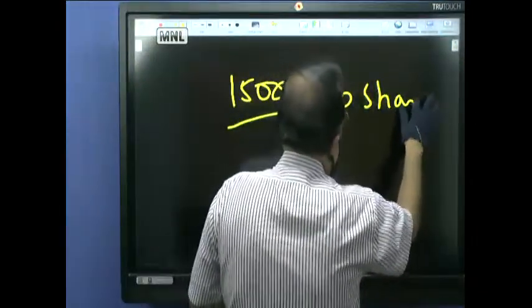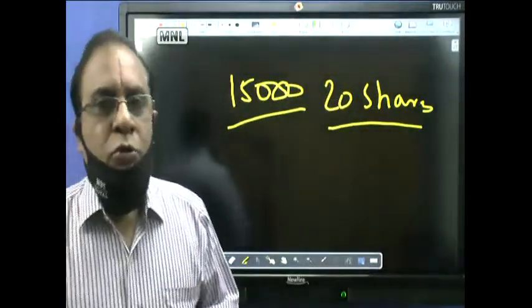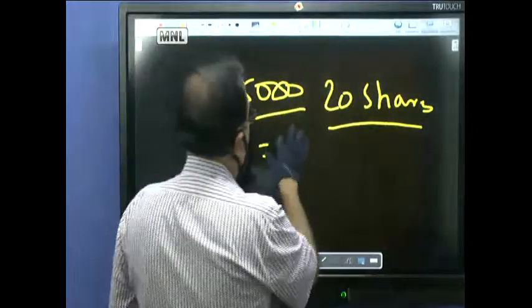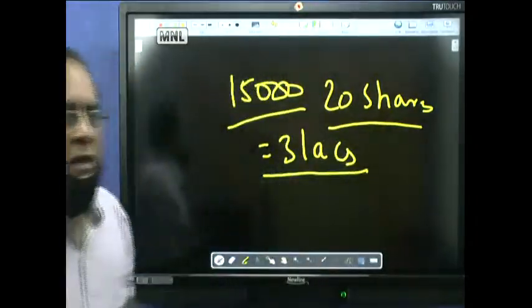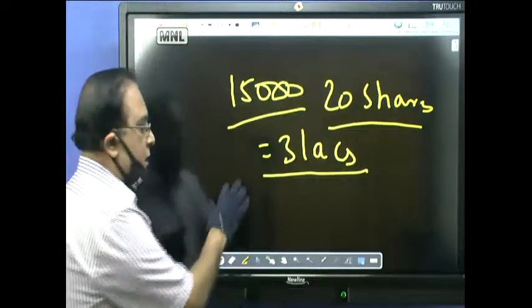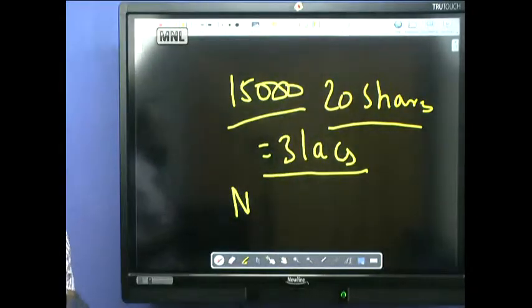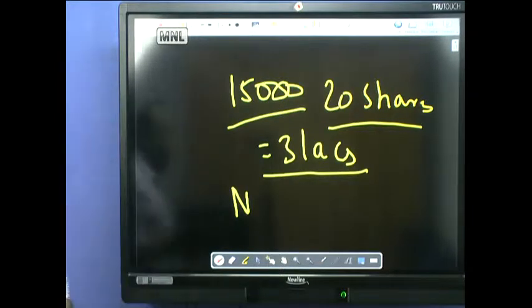This 20 shares is going to be over 3 lakhs, right? So immediately you have to look at the ETFs which are available, because 20 shares you don't have; in F&O one contract is 75 shares. We will come to how to create 20 shares later, but just bear with me.